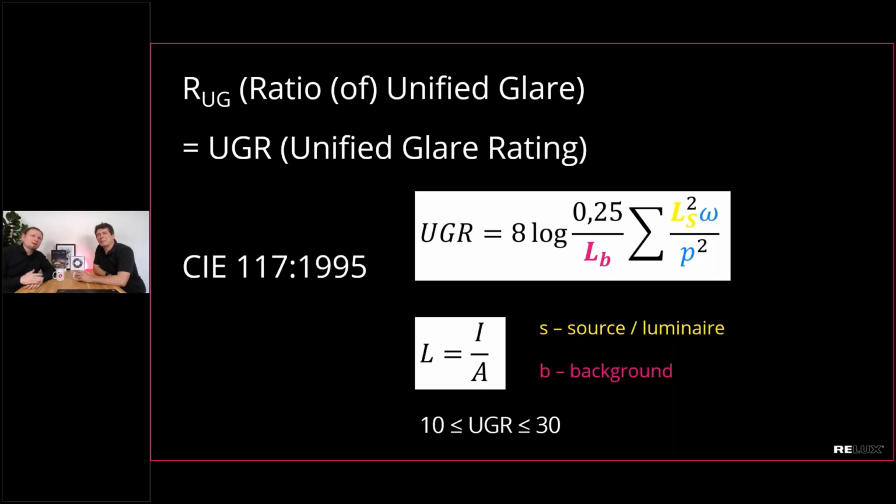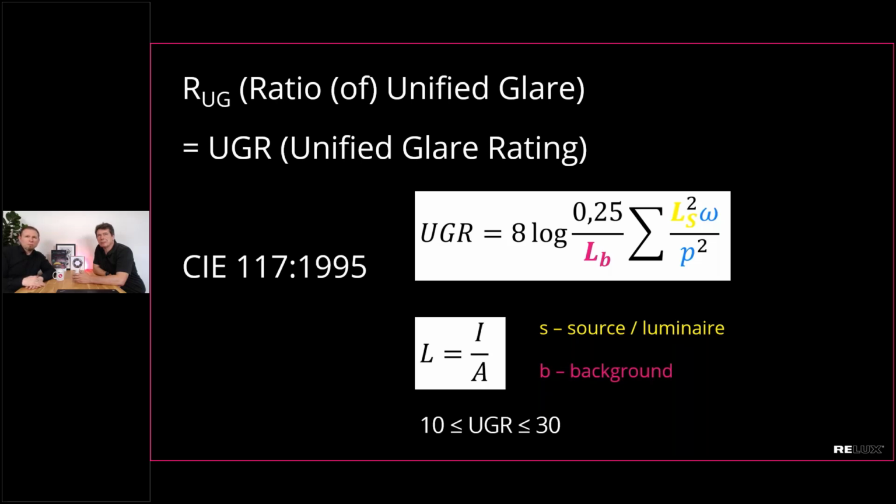Everything about the unified glare rating is in CIE 117 from 1995. This is the standard which has the formula that defines the UGR value, and which also defines the table method. Everything is in this relatively big CIE standard, and you find the famous UGR formula there.